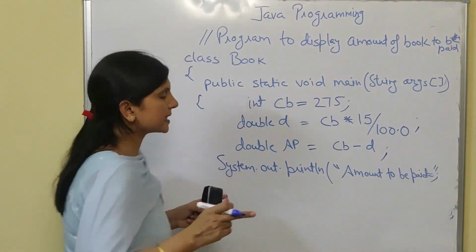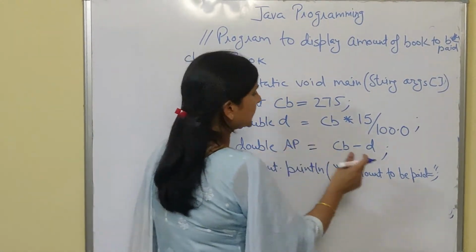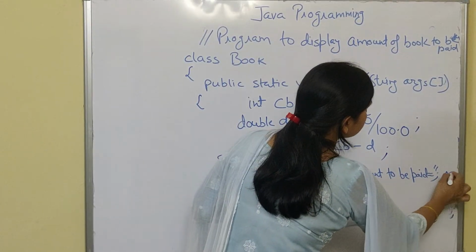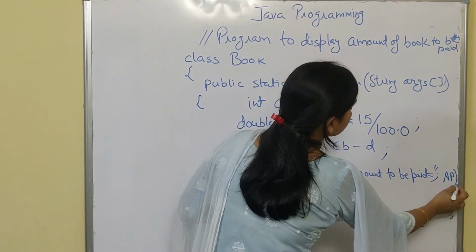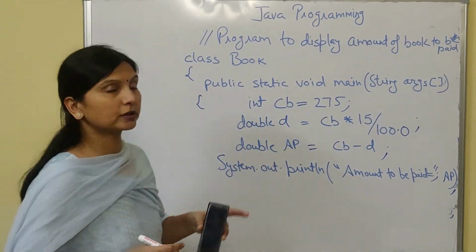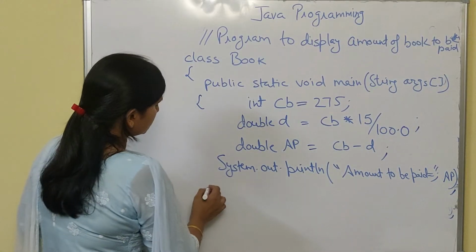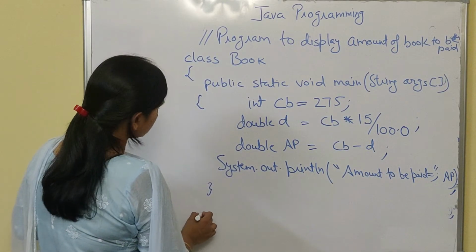Fine. This is the message, amount to be paid equal, within double quotes, and the variable is AP without double quotes. And after ending this, we will put the semicolon. Fine. Semicolon is mandatory. So now main function close.